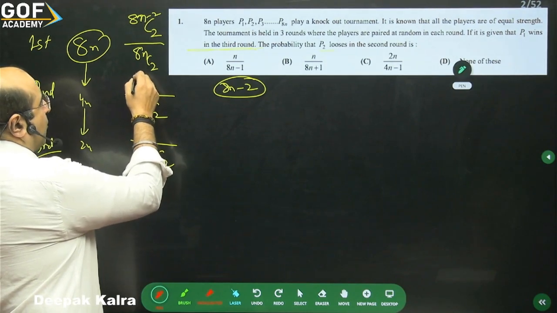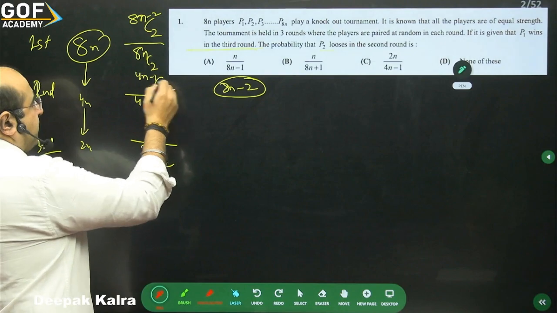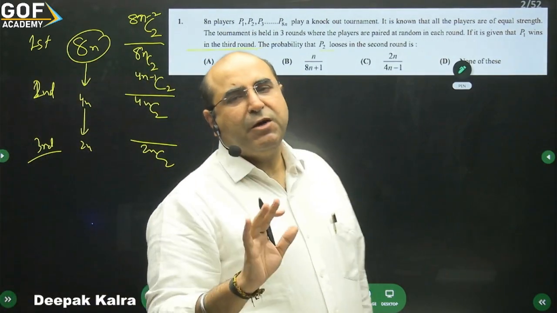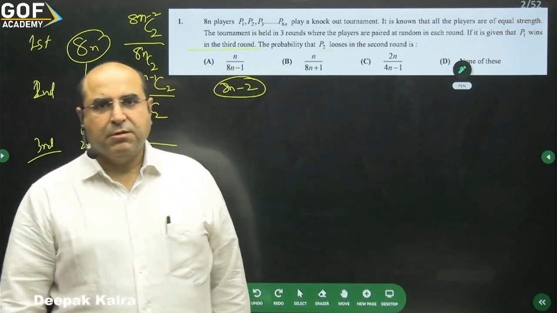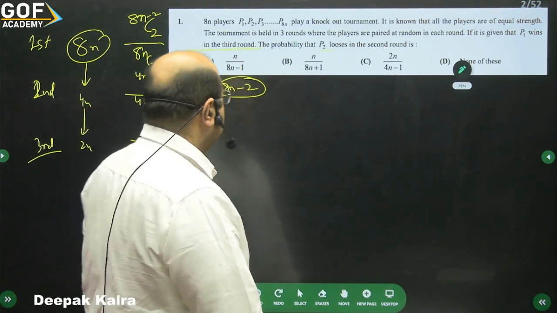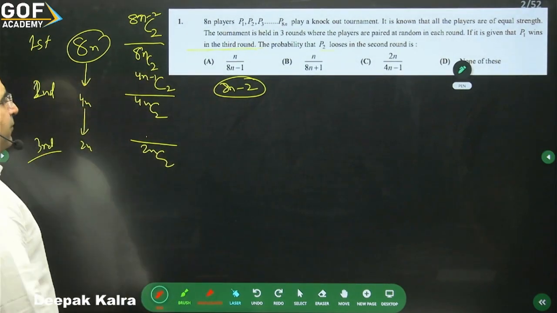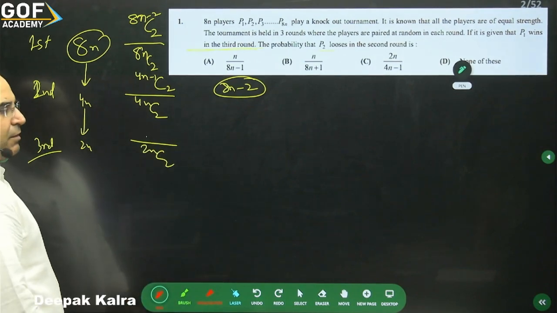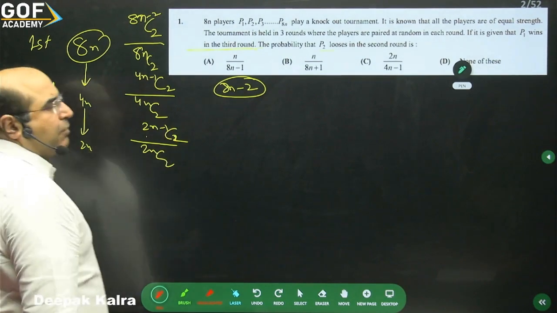So I will count P2 as eliminated, and P1 is not to be counted in the competition, as already winning. We can take it like this. Then we reach the last round. When you reach the last round also, he is going to win. Means 2N minus 1 C2.